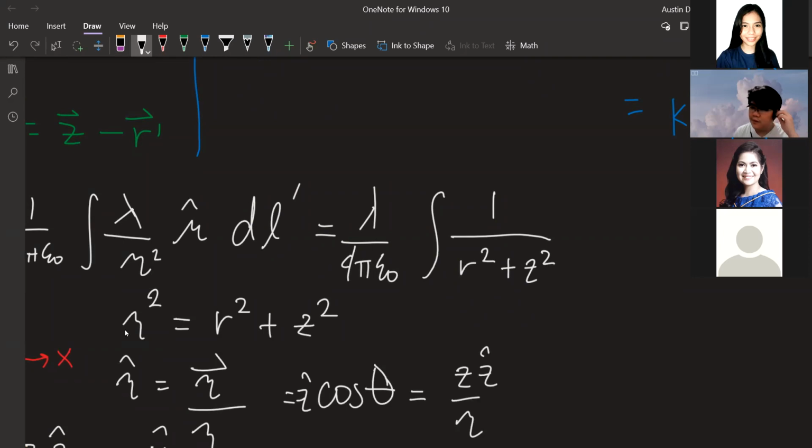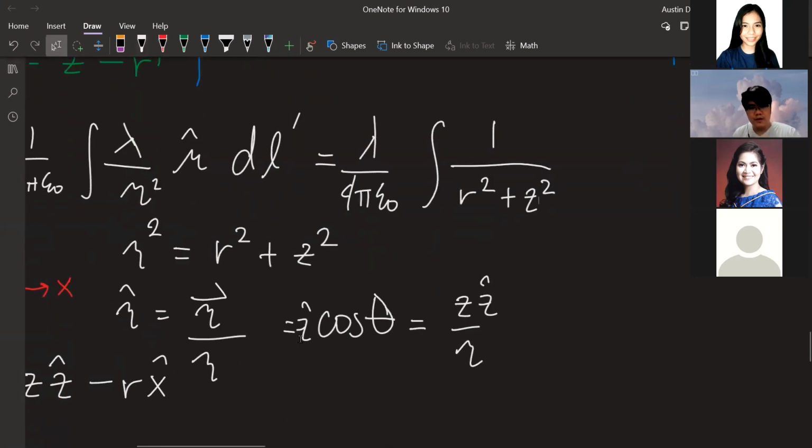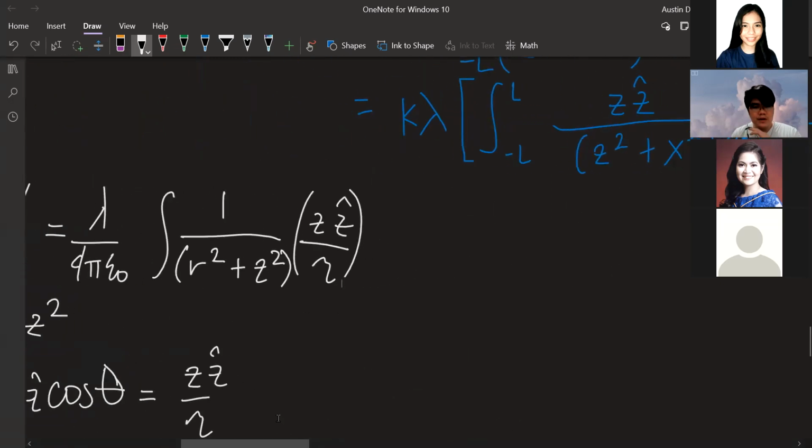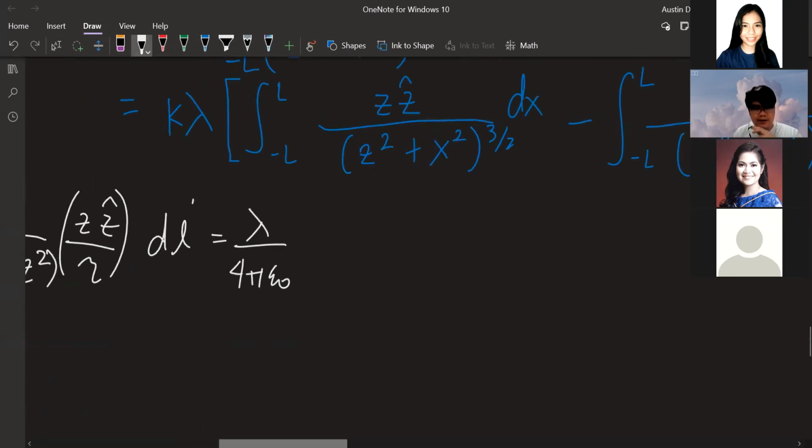And then, close lang natin to. Tapos yung direction mo will be z hat over r, di ba? dl prime. And if we simplify this further, we know that the denominator natin will be just this.